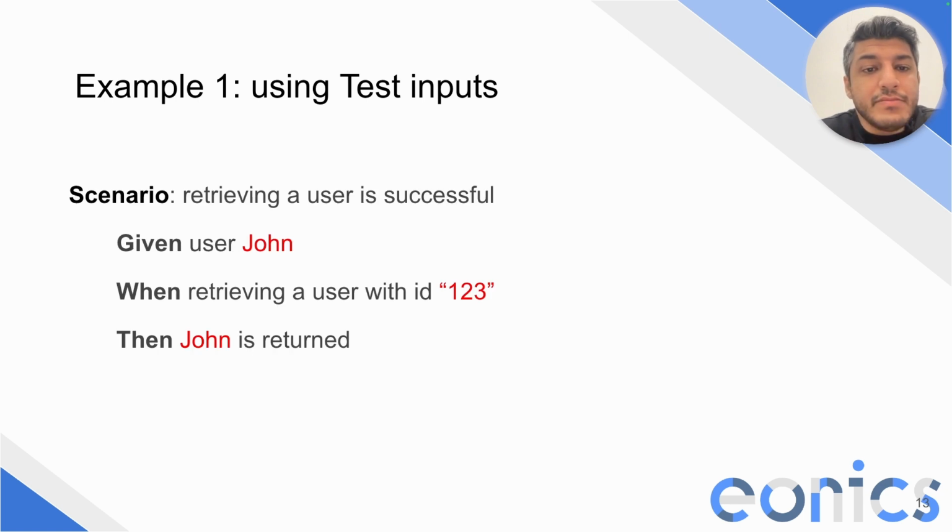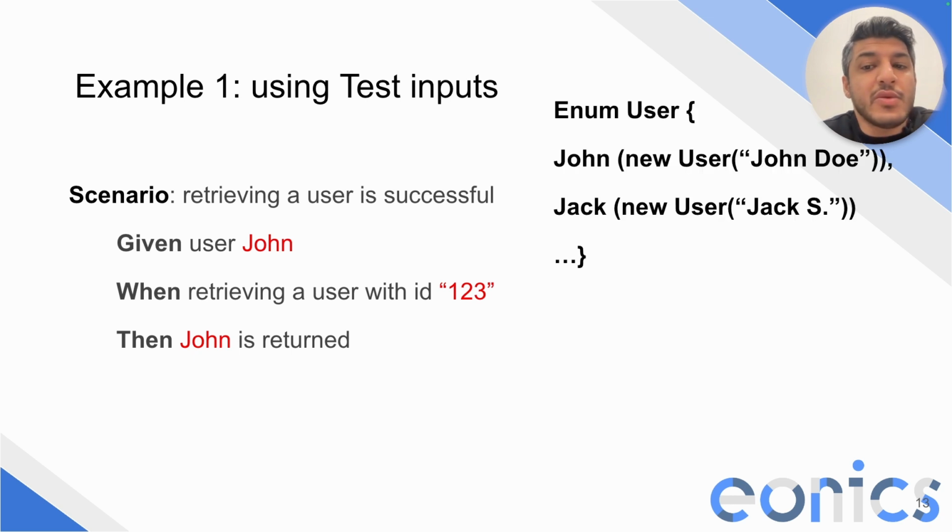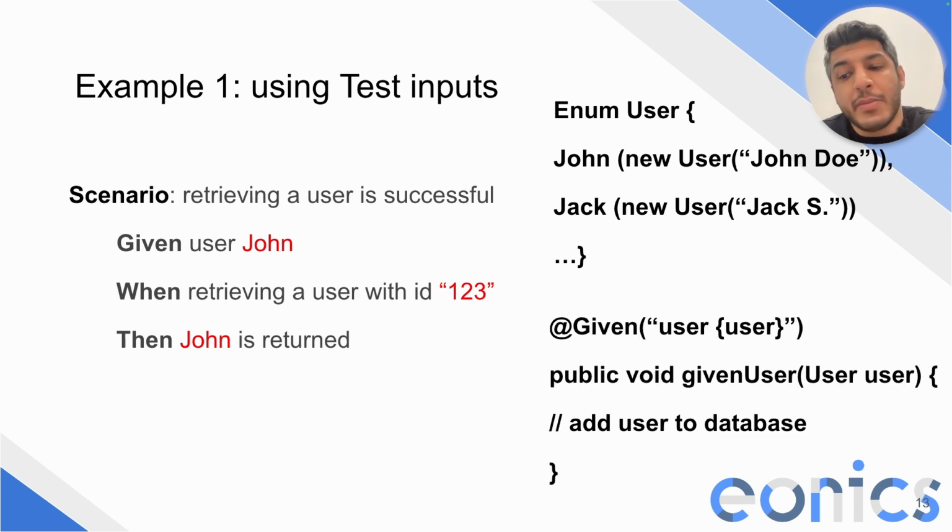So we can use test inputs or personas or any sort of data that we already created prior to this. For instance, we can say we have a user named John, or we have a user named Jack, and you can give an enum to this and use it in Cucumber to concoct your sentence.